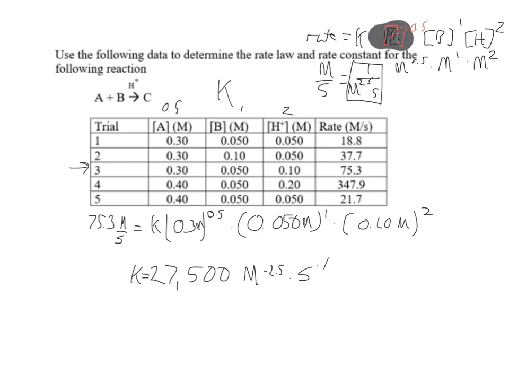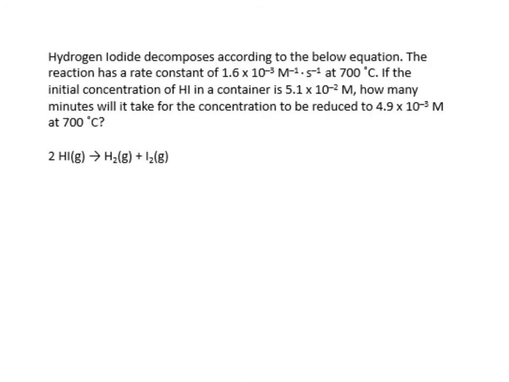So there we've determined the rate law, and we've solved for K using the differential form. The last, how do we use the integrated rate law? We would see some problem similar to this. Hydrogen iodide decomposes according to the below equation: 2HI produces hydrogen plus iodine.